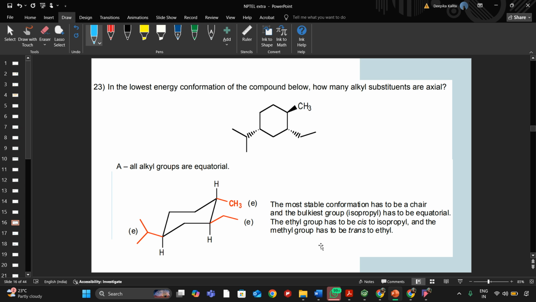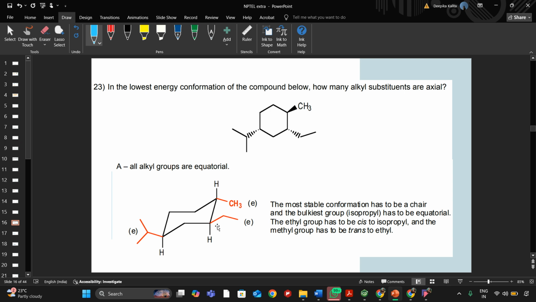In that case, the isopropyl group will be present here in the equatorial position, and the methyl group, which is in the fourth position with respect to it, is trans, and it will also be equatorial.